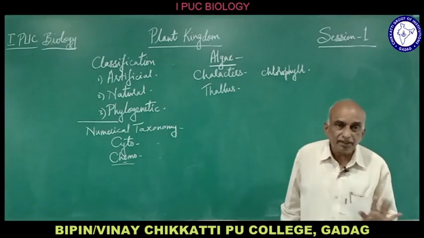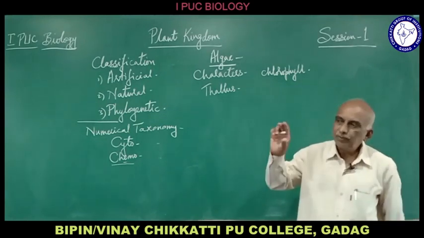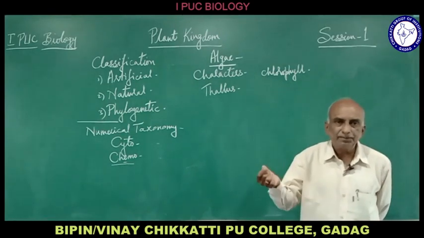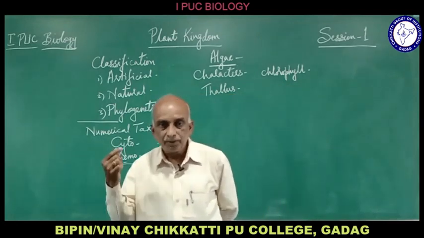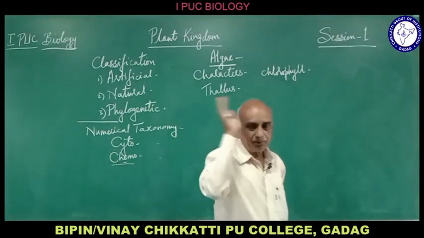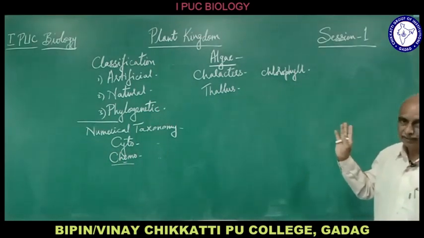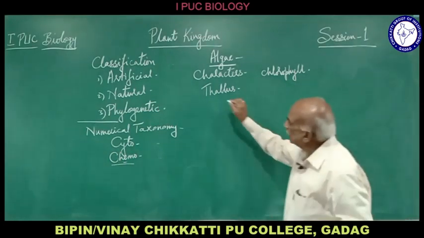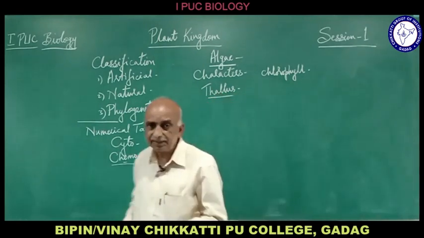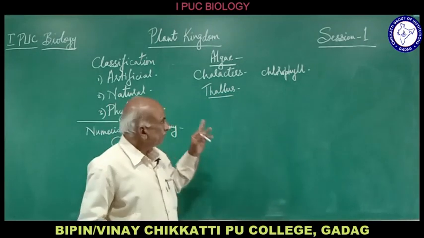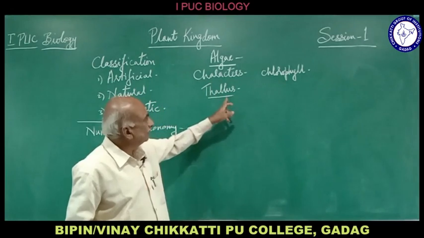If you look at that plant body, you cannot point out which is root, which is stem or which is leaf. That is called a thallus. So what is thallus? It is a plant body which does not have a true root, stem and leaf. So algae is always a thallus.